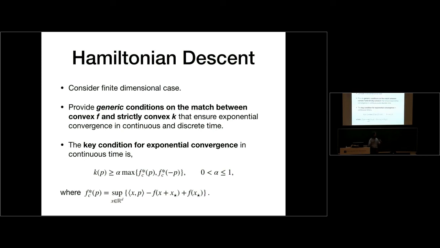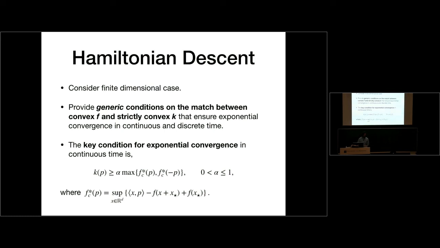We provide absolutely generic conditions that say how you should be pairing these things to ensure exponential convergence, both in continuous time and discrete time. And in analogy to the earlier discussions, you're always restricting the class of functions as you move towards discrete time. You have to assume more and more about your functions.